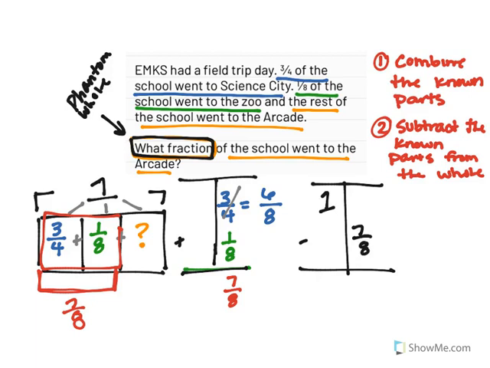I can't take 7/8 away from nothing, so I have to decompose a whole to the fraction side. That leaves me with 8/8 minus 7/8, and we get 1/8. So 1/8 of our students went to the arcade. I'm going to circle it in orange because that's how we highlighted the arcade. So step 1, we combined our known parts, and then step 2, subtracted the known parts from the phantom whole.